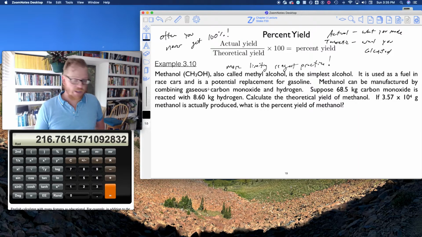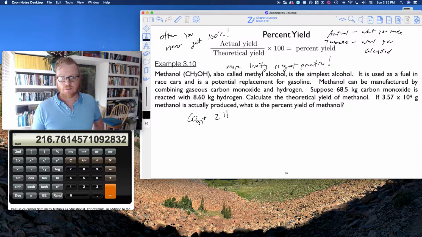So for example, you read through the problem and you'll see that you can get a reaction set up, and that reaction looks like this. CO gas, 2 hydrogen gases, and that makes CH3OH liquid.